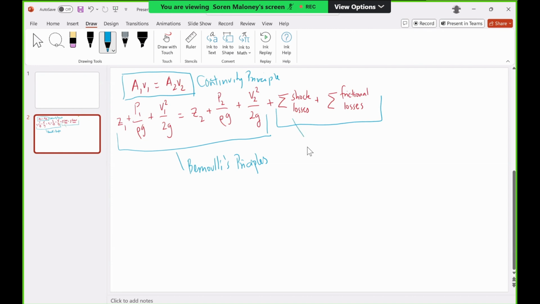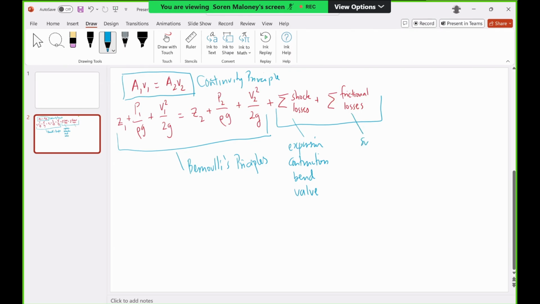We get our shock losses from whether we have an expansion, a contraction, some sort of constriction or flow meter, or a bend in the pipeline, or a valve, or something like this.